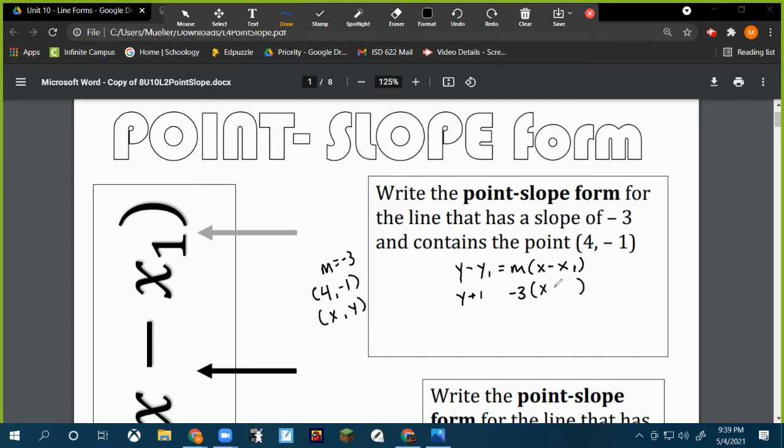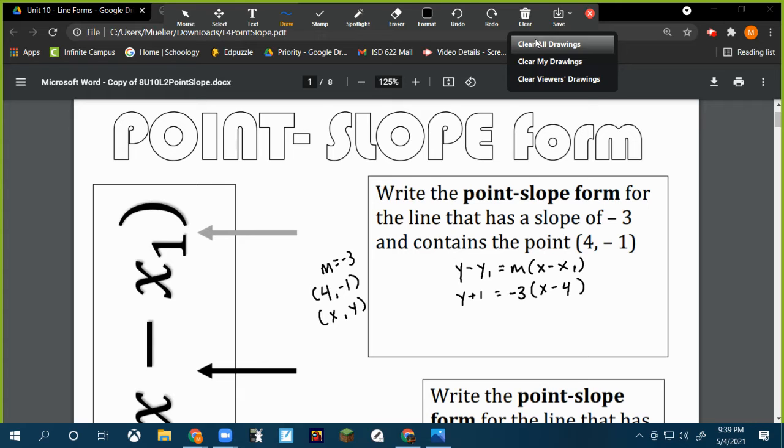The x coordinate is +4, so the opposite is -4. We got our equal sign in there, and that's all it is. Y plus 1 equals -3 times x minus 4. Pretty straightforward. Put your point in, put your slope in, opposite of your coordinate on each one. That's it. Pause the video if you need to write that down.